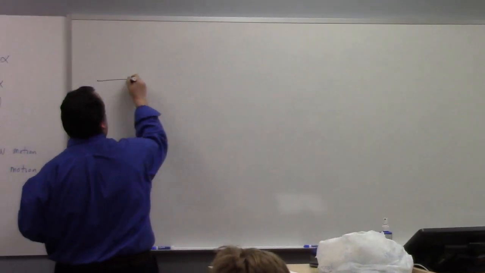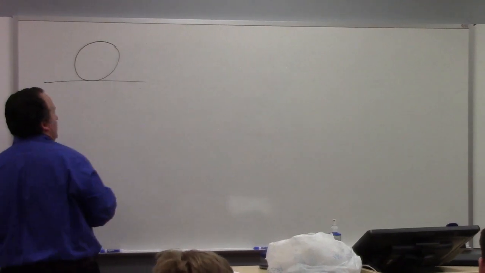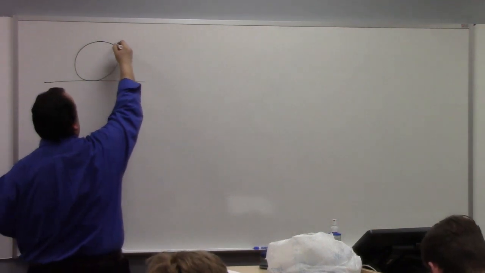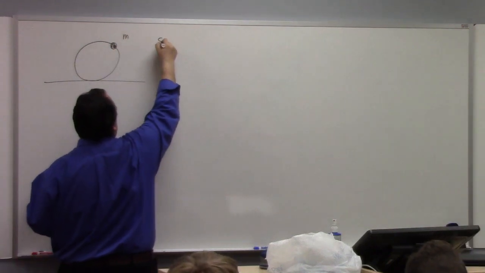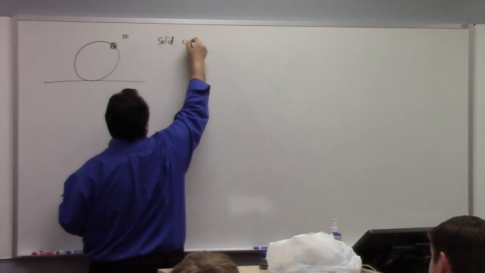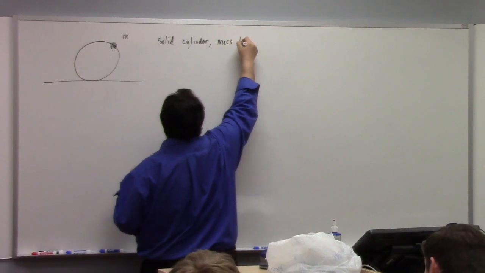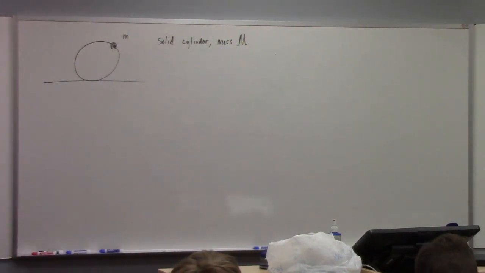So an interesting and really different problem we haven't really even thought about before is this. Suppose you have a solid cylinder, all right? You have a solid cylinder, and on that solid cylinder, you put a little mass like up here. So solid cylinder, mass big M, and then I have a little mass M that I'm attaching to the rim of the cylinder, all right?